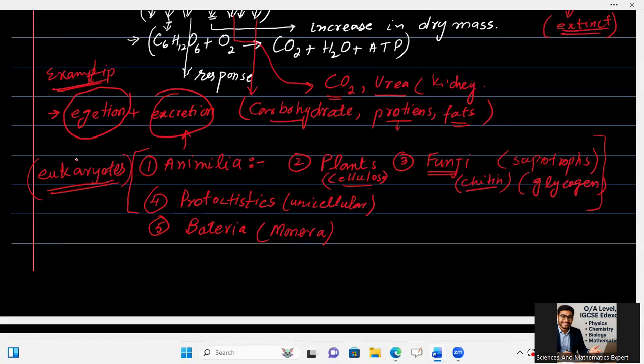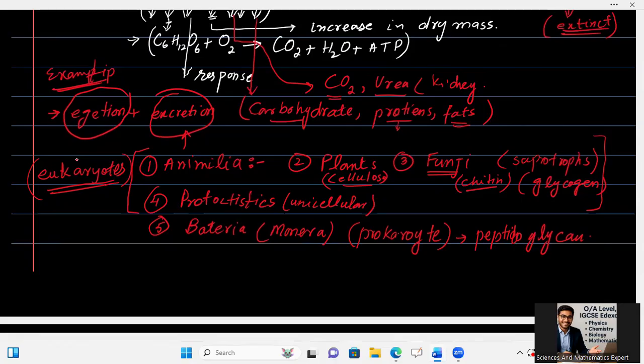But bacteria are prokaryotes, which means they don't have a well-defined nucleus. They have a cell wall made of peptidoglycan. Some photosynthesize and most feed on other organisms. They can be classified by shape: spherical cocci, rod-shaped bacilli, and spirilla.